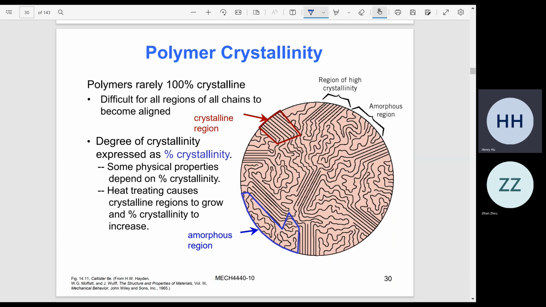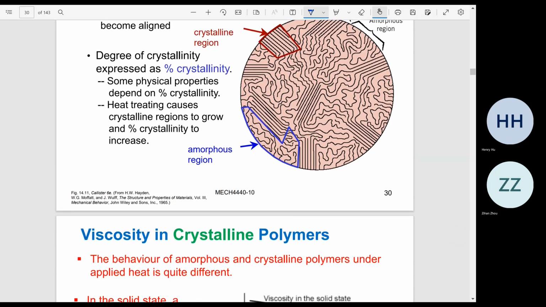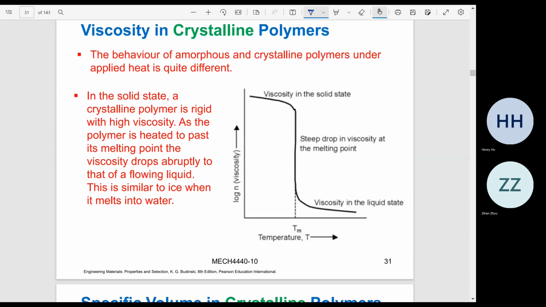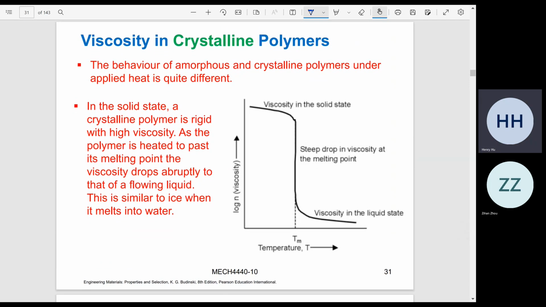If 50% of the polymer you're using has the arrangement of molecular chains in a crystalline form, then we would call the crystallinity 50% or whatever. If you have a question, just stop me.